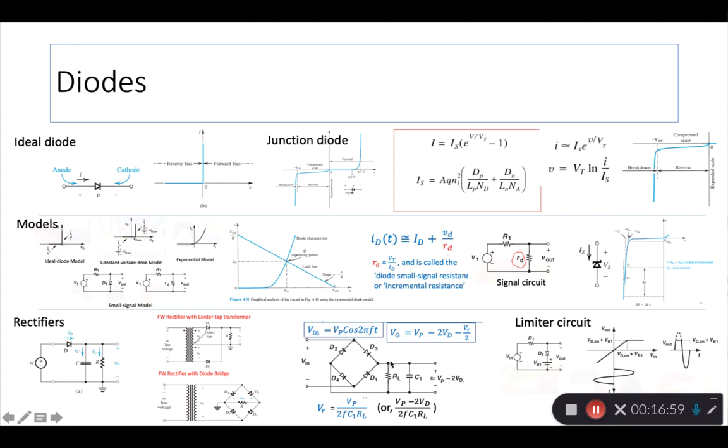So we studied these circuits, and then lastly we studied the limiter circuit, right? A limiter is used when we want to cut off the very high peaks of the input voltage. So in this case it's a sine wave, and you can chop off the top.